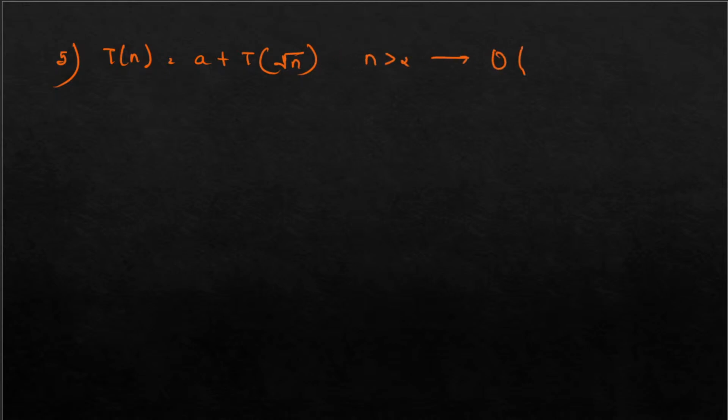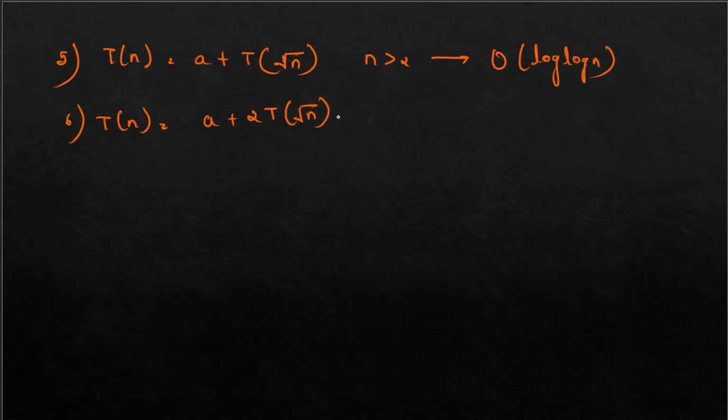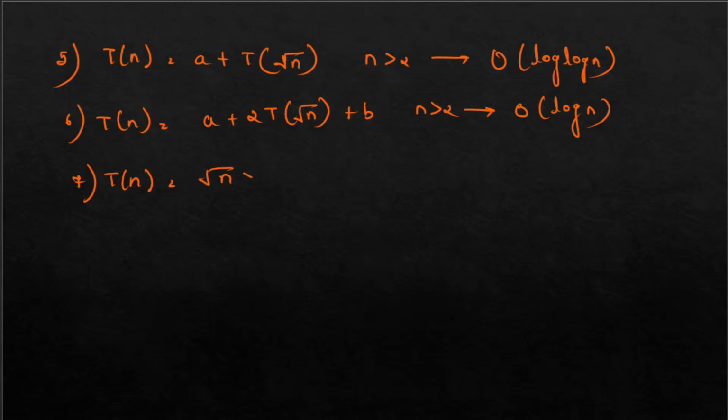So this will be big O of log n. Sixth is T of n equals 2T of under root n plus b, where n is greater than 2. So this is big O of log n. Seventh is T of n equals root n into T of root n, plus 1, where n is greater than 2. So this is big O of n log n.